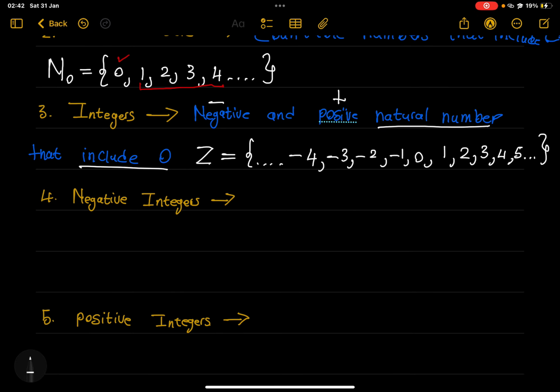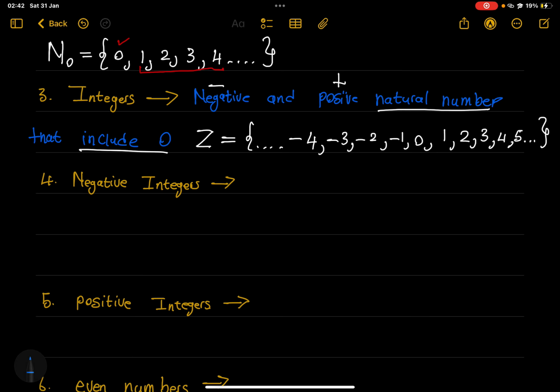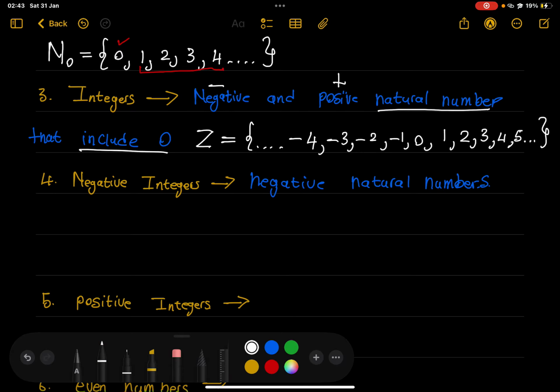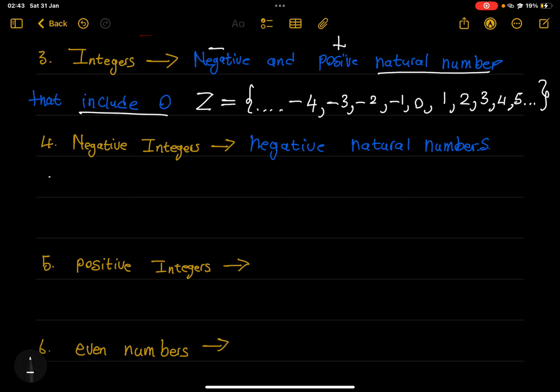So let's talk about negative integers. Negative integers are negative natural numbers. The symbol for negative integers is Z with a negative in the exponent, which is equal to curly brackets, then we list those negative integers.